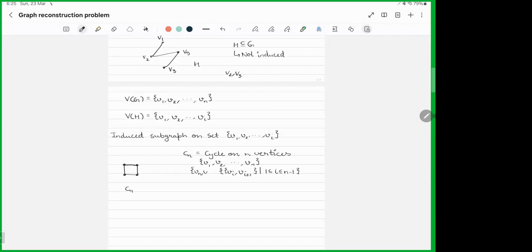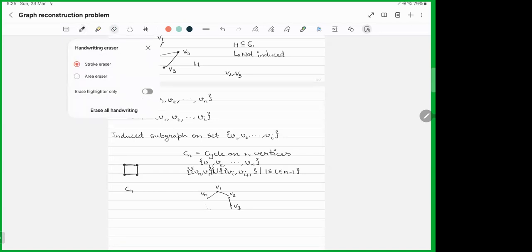So the diagram will look like V1, V2, V3, with edges connecting them, and some more edges here. So this is a cycle on n vertices.